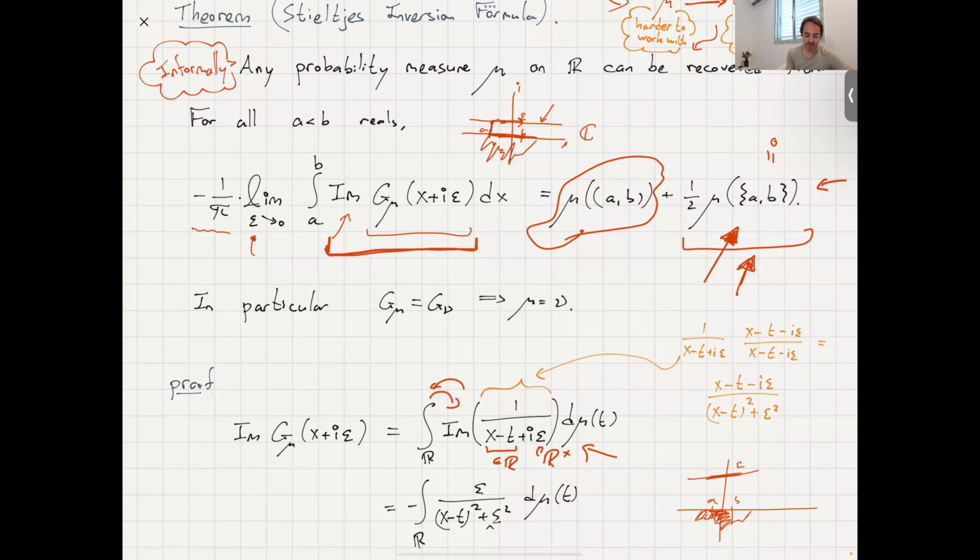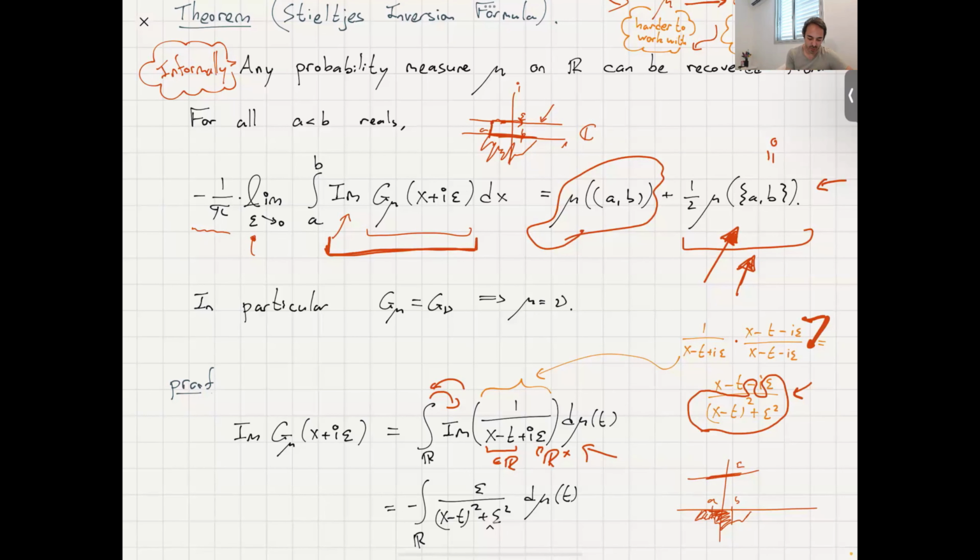Now, the imaginary part of this fraction, in order to see exactly what it is, let's multiply by the conjugate. So this is what happens here, which is equal to that thing. And so from this, you can see that the imaginary part is exactly this thing.